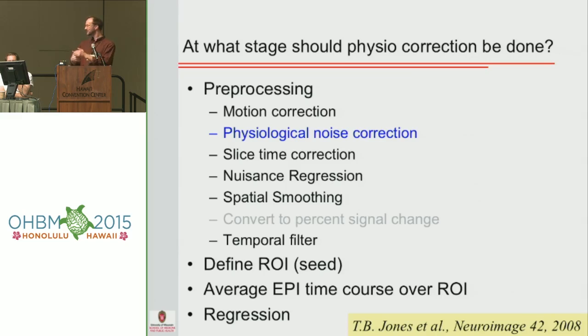But by looking at various orders of this, we found that doing the motion correction first and then the physiological noise correction tended to give us slightly better signal-to-noise ratio. I think the reason is that motion in any of the 3 dimensions would cause the fluctuations to move from one voxel into the neighboring ones, but only motion in the through-plane direction is going to disrupt the timing information.